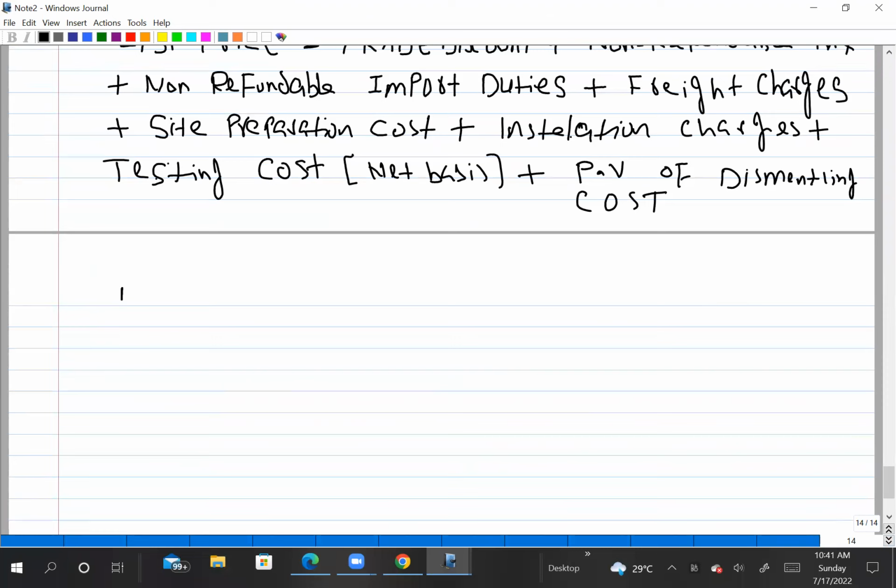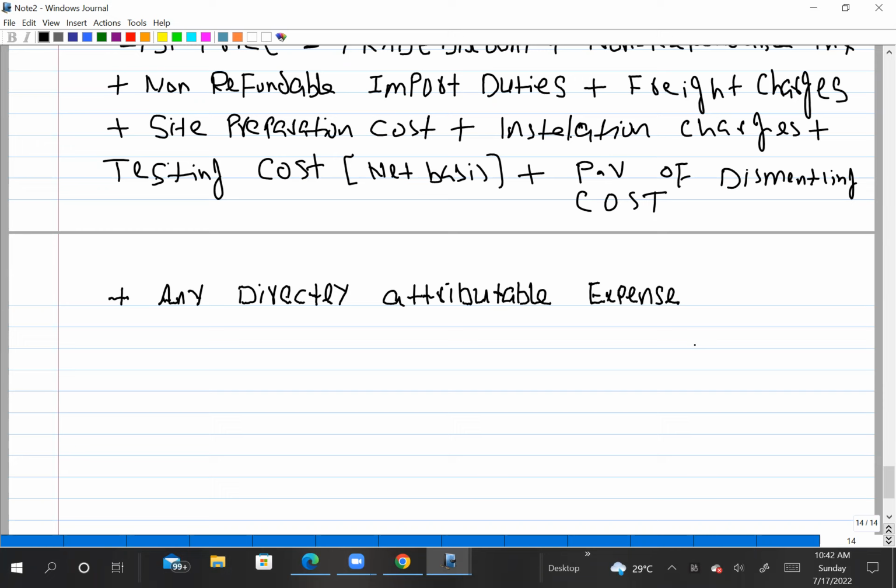And plus any directly attributable expense.